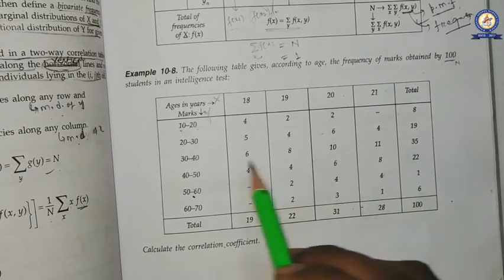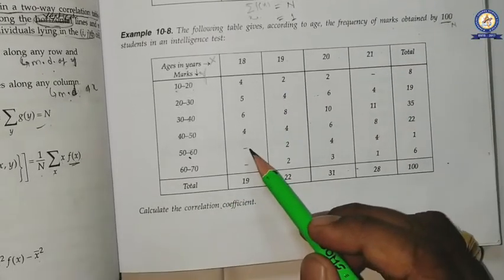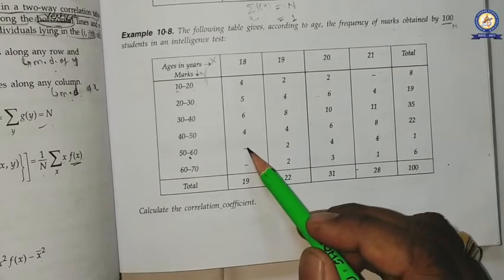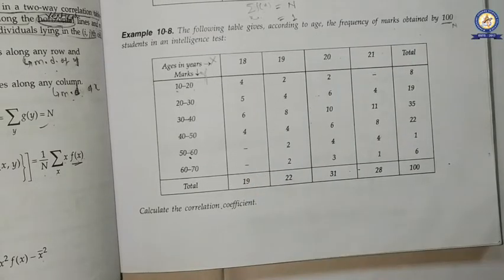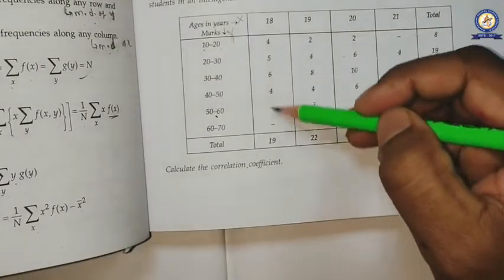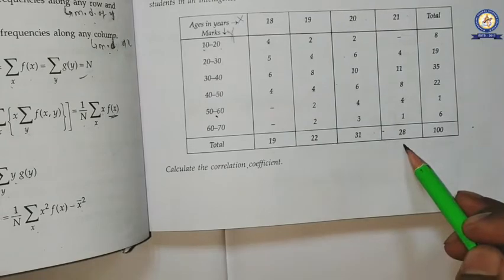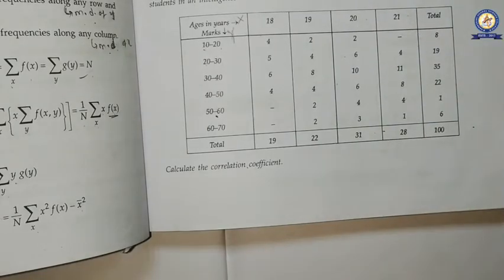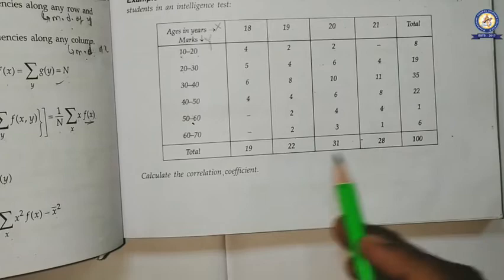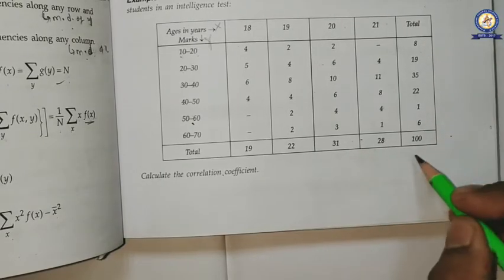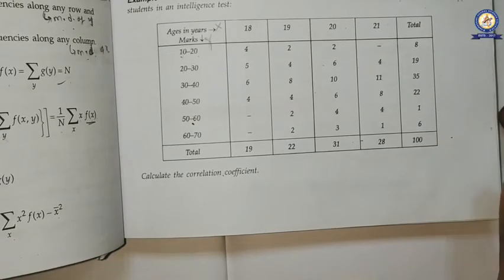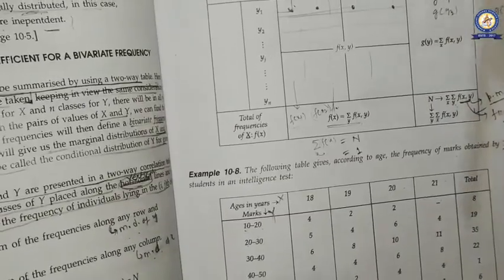Like that, all the values are given. Here there is no data recorded, so we can consider this as 0. If I add along this way, it will be 19, 20, 31, 28, and if I add in this way and also in this way, I get 100. That is the total number of observations, or total number of students.